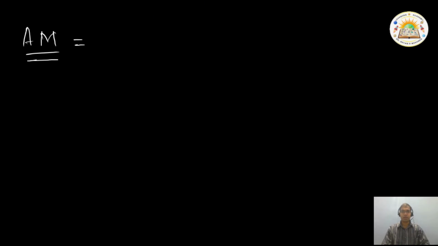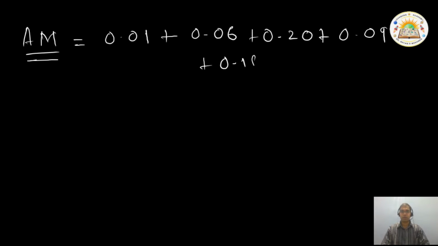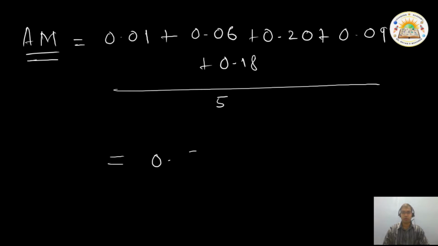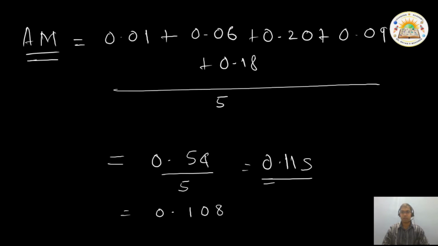So 0.01 plus 0.06 plus 0.20 plus 0.09 plus 0.18, the whole divided by 5, which will be 0.54 by 5, which is equal to 0.108. Now we can write it as 0.11 second. So rounding off, I'm writing it as 0.11.